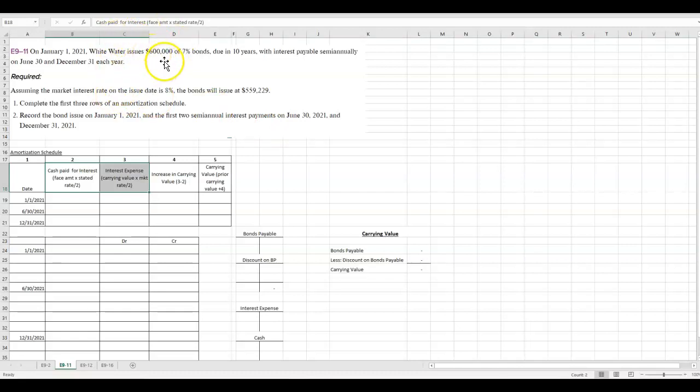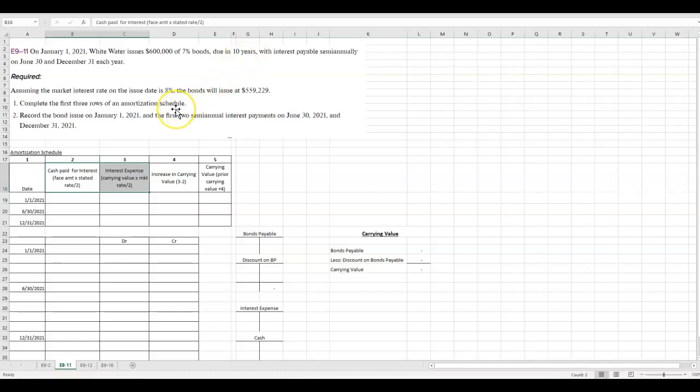We're issuing $600,000 worth of 7% bonds due in 10 years. So if you were to buy $50,000 worth of bonds from my company, we would have to pay you 7% interest over the 10 years, and at the end of 10 years, we'd have to pay you back the $50,000.